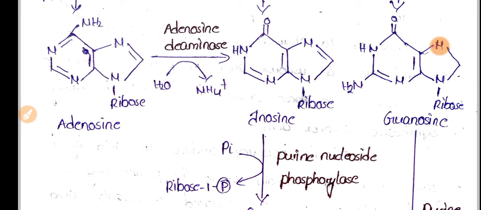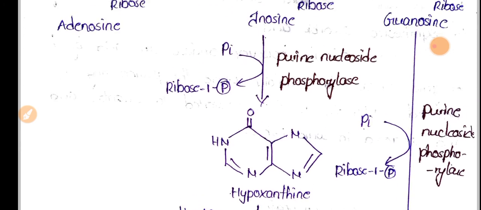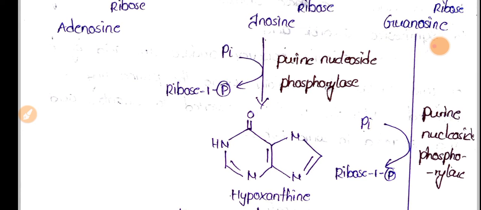So this is a deamination reaction where adenosine is converted into inosine, and again inosine is converted into hypoxanthine. Here the enzyme is purine nucleoside phosphorylase.